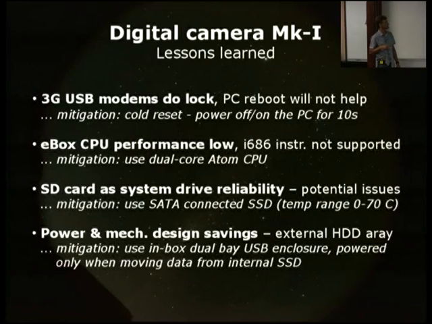The eBox CPU performance was slow, so we upgraded to an Atom CPU, and we had some concerns about the SD card reliability as the system drive, so we replaced it with SSDs. That have also better temperature range, and we changed the mechanical design as well, and we moved the external hard drive box into the camera box.